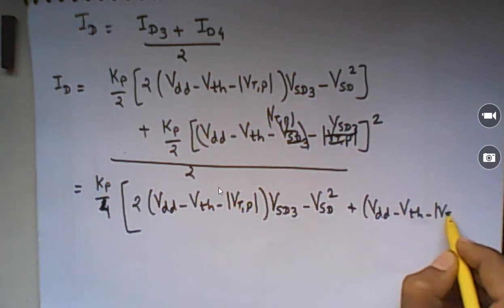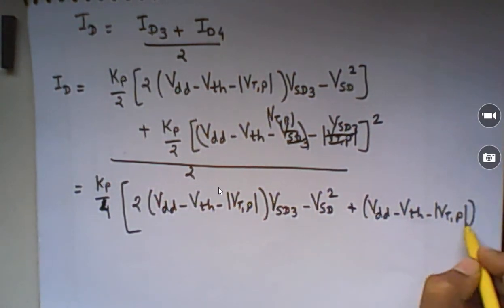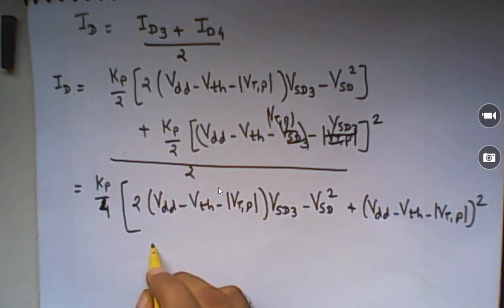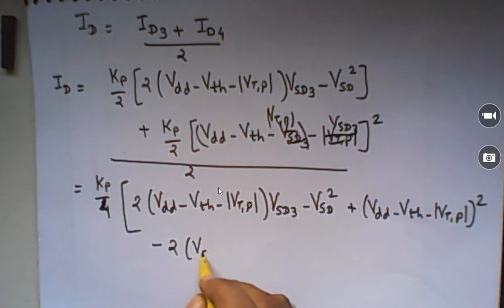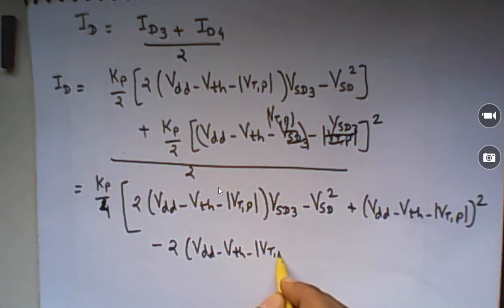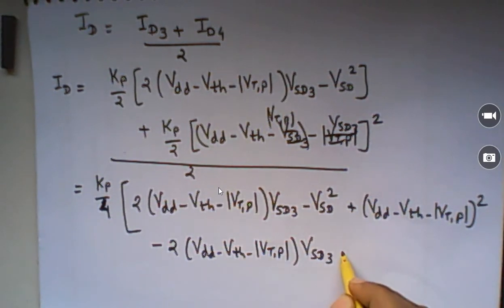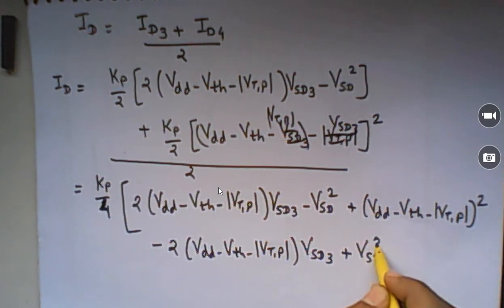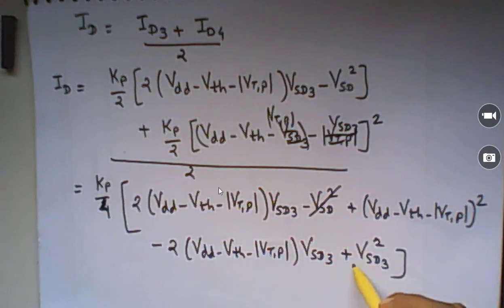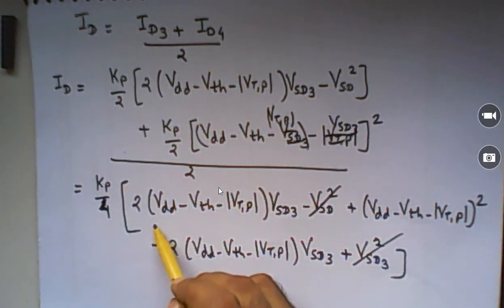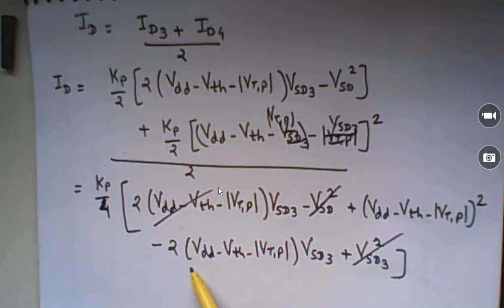So minus VTP square minus 2 times A into B. Here A is VDD minus VTH minus VTP, and B is equal to VSD3 plus VSD3 square, right? So the minus VSD plus VSD here is 2 times A into B and minus 2 times A into B.